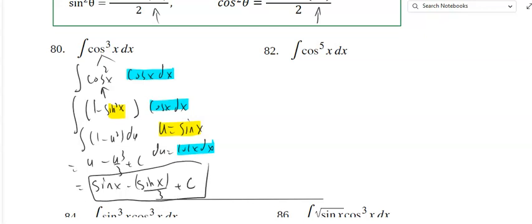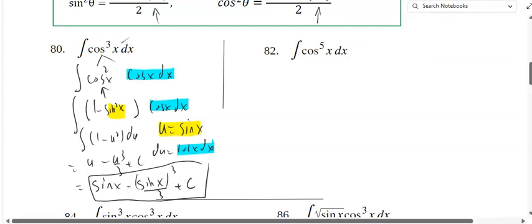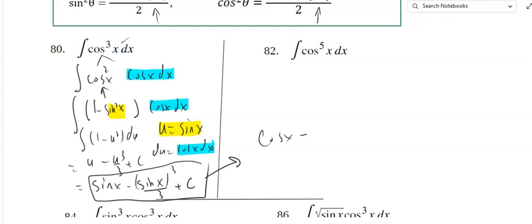Again, that is what I will take a derivative of to get this. I could show you. If I take a derivative of my final answer, derivative of sine is cosine. Here, I'll bring the power down, subtract 1 from the power, times the derivative of the inside, which is cosine.